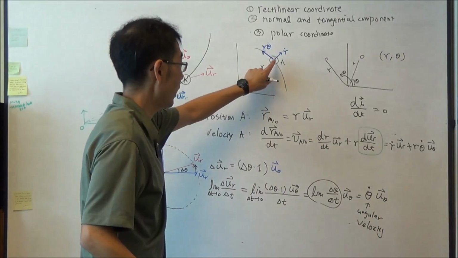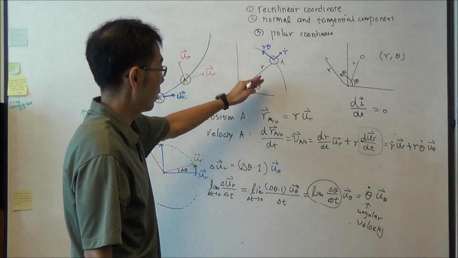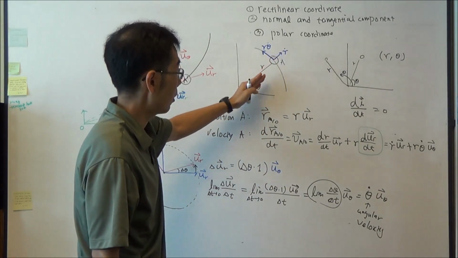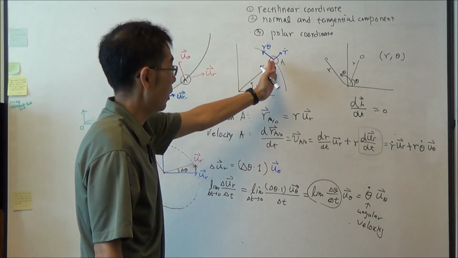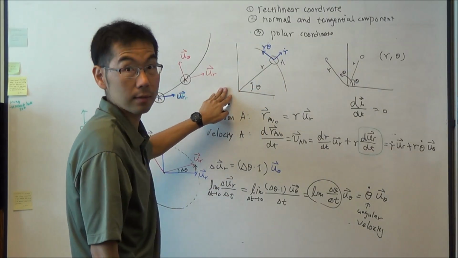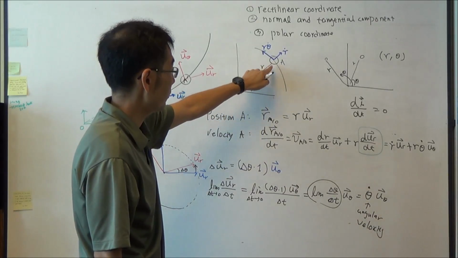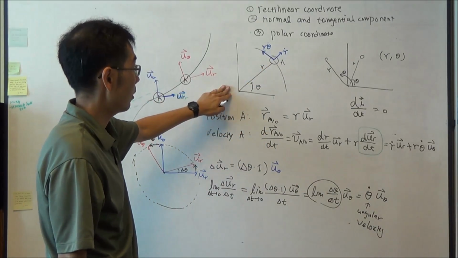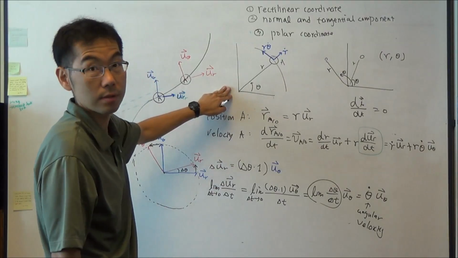So the velocity of A can be represented by R dot along this R direction and along the direction perpendicular to R, which is R theta dot. That's the velocity in the polar coordinate system.